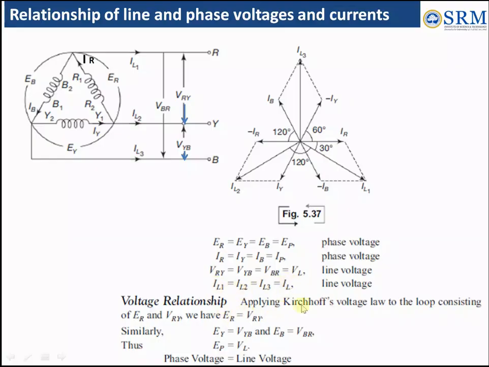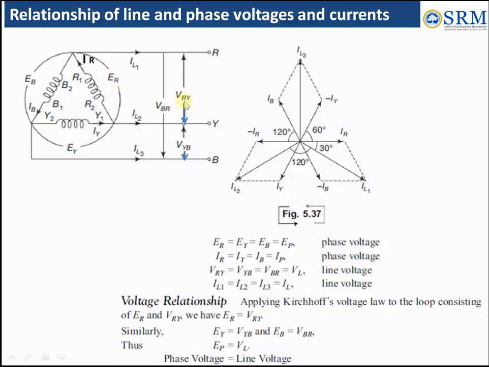So to find the voltage relationship, apply KVL at the loop consisting of ER and VRY.